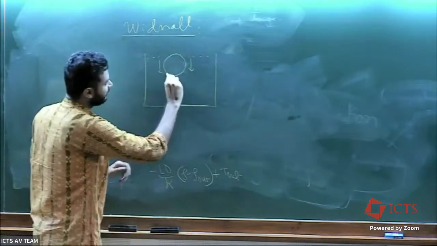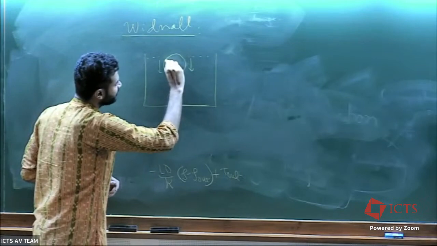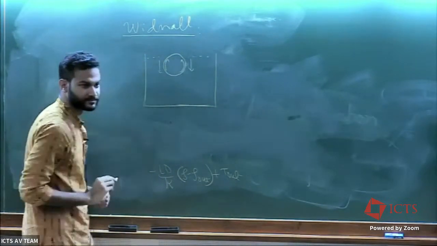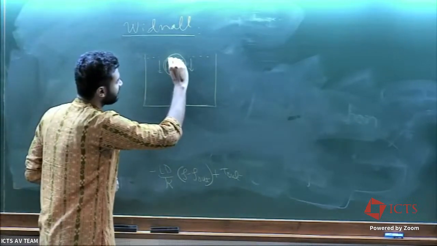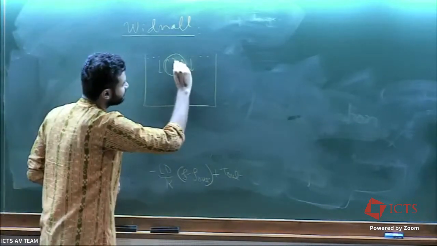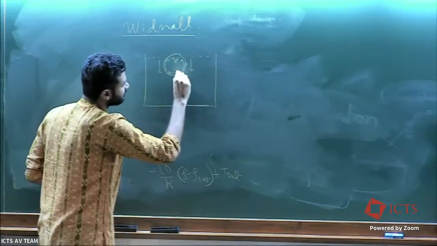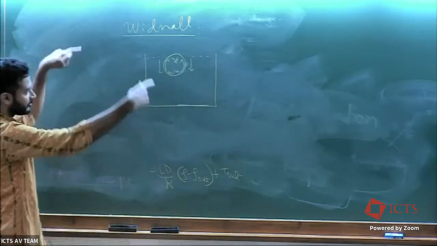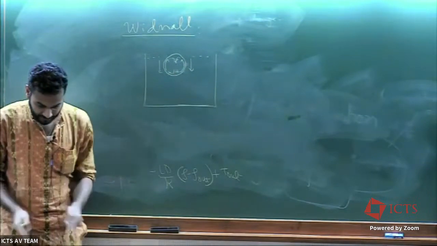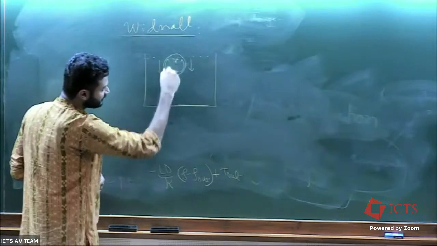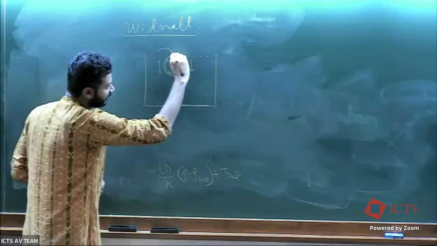And because it is a fluid, this part will try to move in this way, and this part will try to move in this way. So there is a circulation inside the fluid. So you have a blob and there are circulations like this. As it moves through the water, it tries to suck water in this direction.